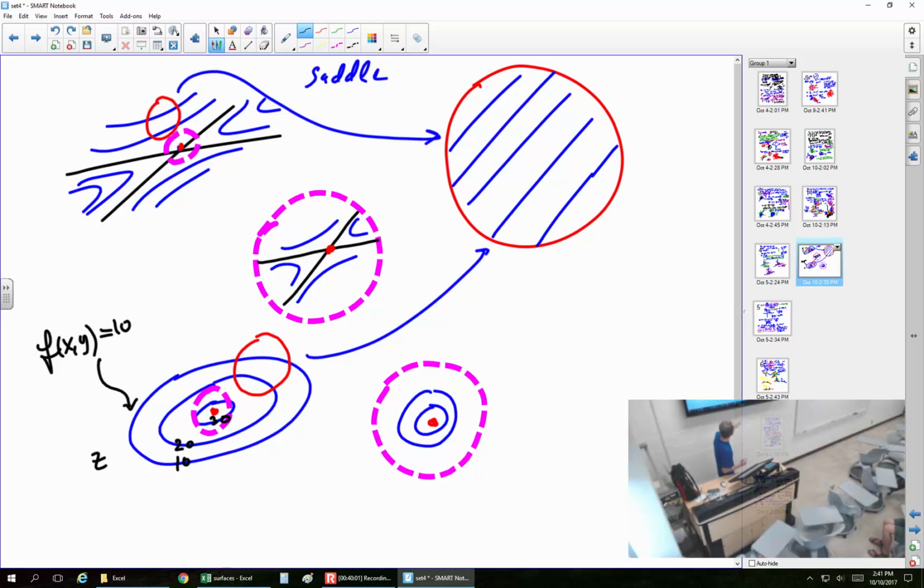And then that dot, what do you think that dot is? I put it in red, but it's still a level curve. It just happens to be a point. So what does the graph look like? Well, look at the numbers, 10, 20, 30.